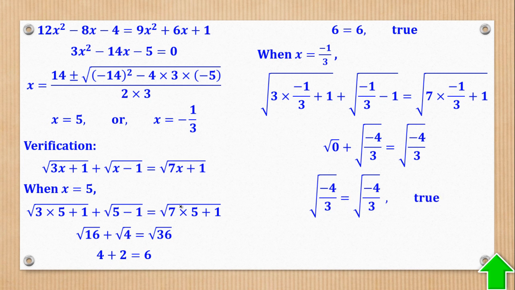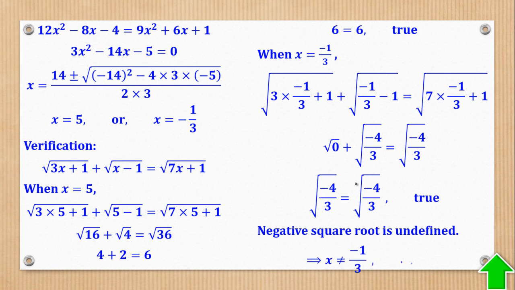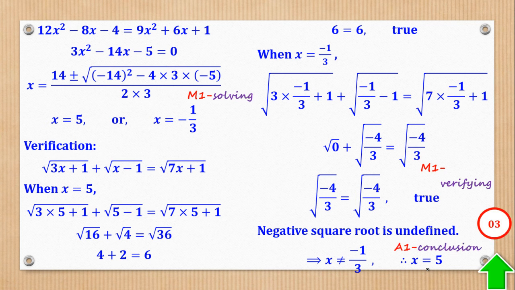So here it is true that this is equal to this, but you know what is funny? Negative square root is undefined. Therefore, x cannot be equal to -1/3. So we shall conclude that x cannot be -1/3, implying that x is equal to 5. That's what they wanted.